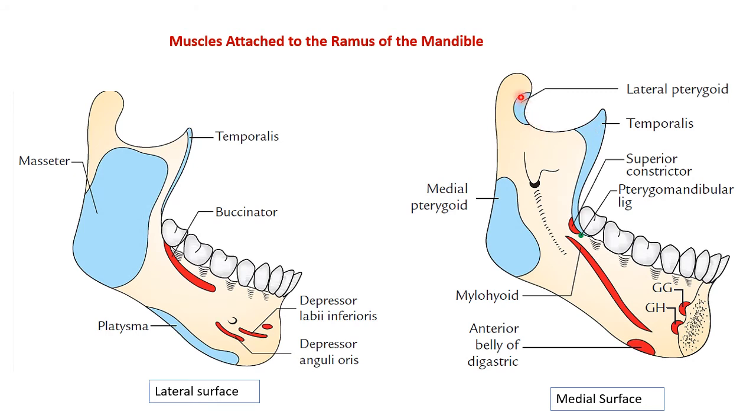The lateral pterygoid is inserted into the pterygoid fovea, and the medial pterygoid is inserted on the medial surface just close to the angle of the mandible. So these are the insertions of the muscles of mastication on the ramus of the mandible.